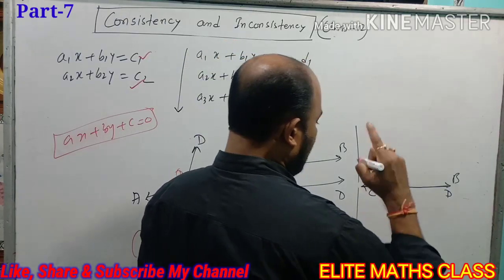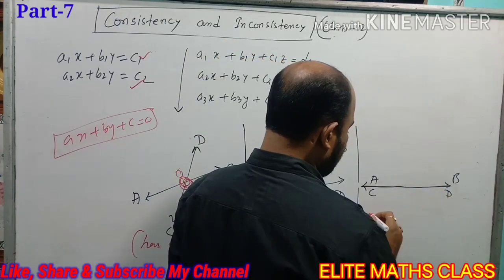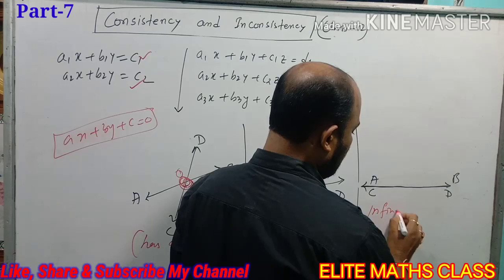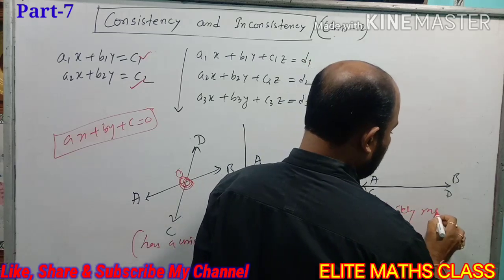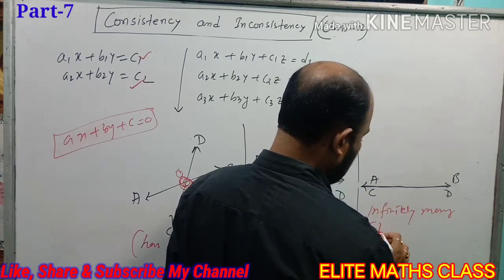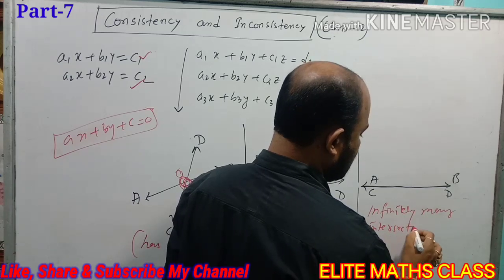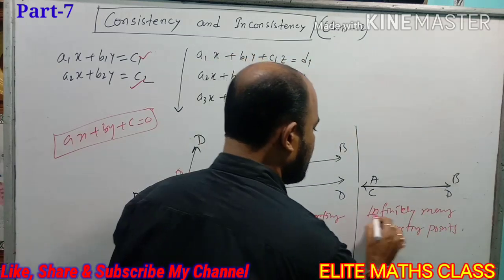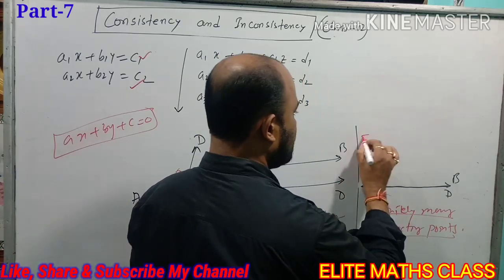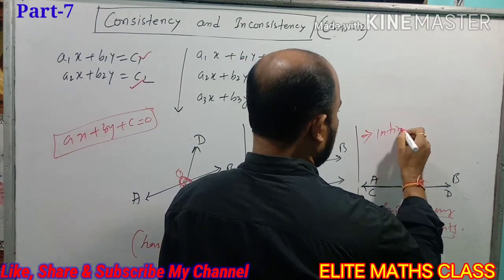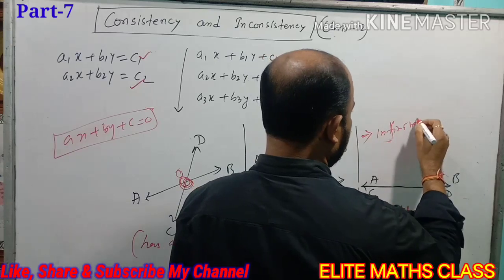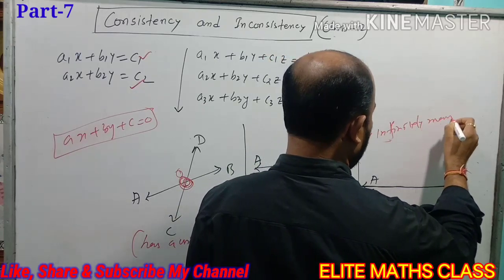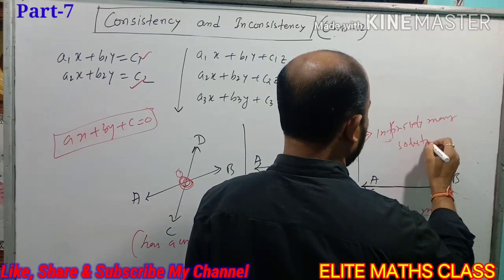In this case, how many intersecting points do the lines have? They have infinitely many intersecting points. Infinitely many intersecting points means this system will have infinitely many solutions.